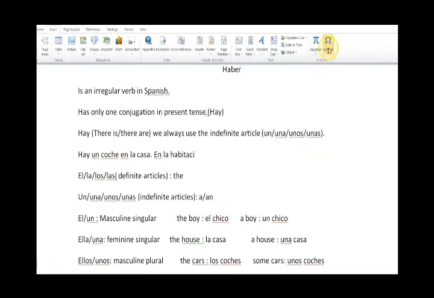So, insert, en la habitación, there is a table, una mesa.